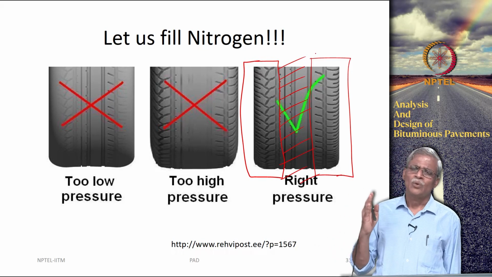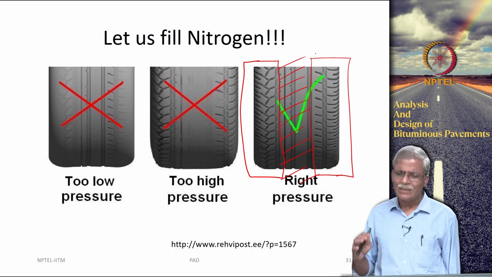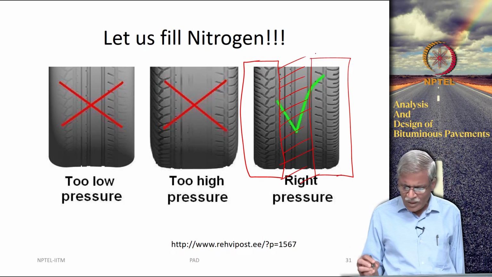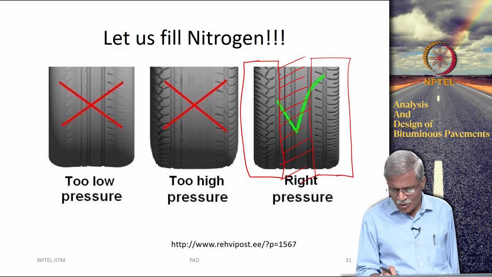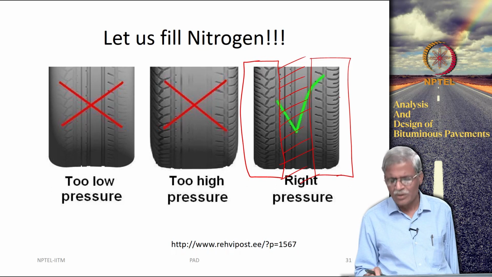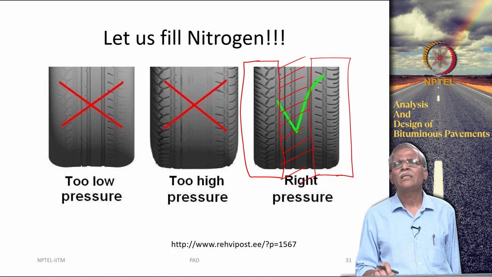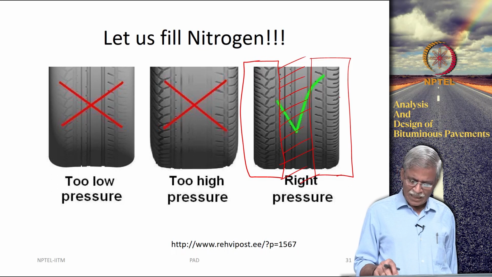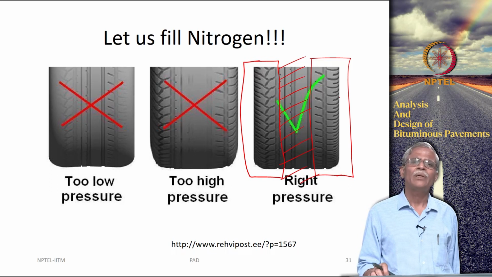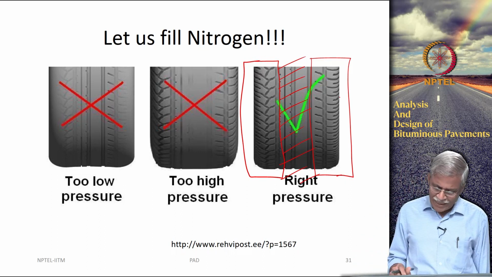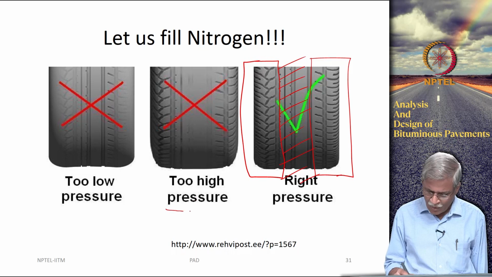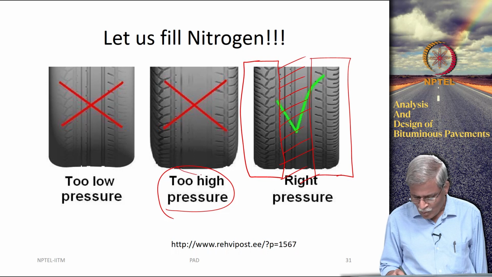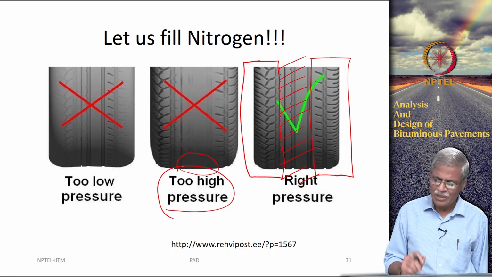We will not get into those details, and that is not our intent also, but what really will happen is that the stiffness variation across the tire walls can be considerably different. The tire walls could be very rigid and the central portion may not be necessarily that rigid. So, if you have too high a tire pressure, you are going to have wear and tear mostly here, as can be seen here.